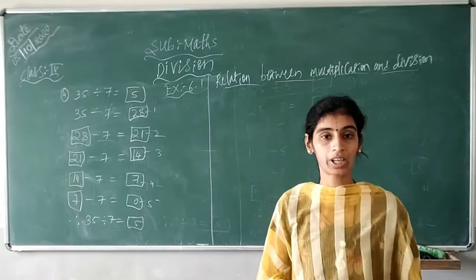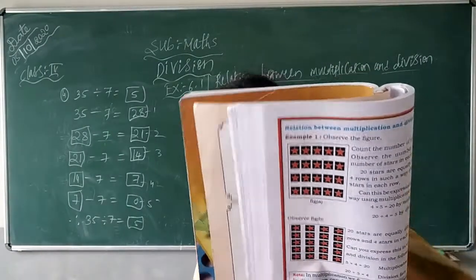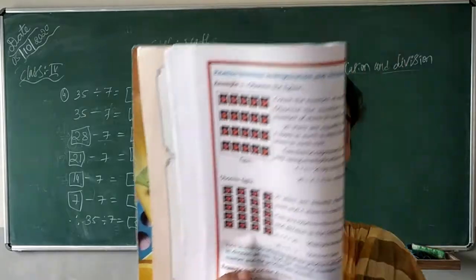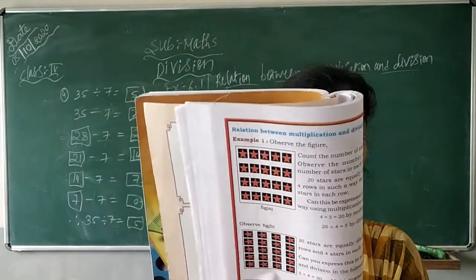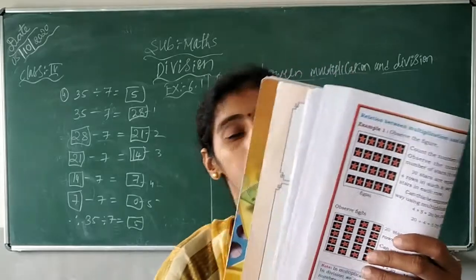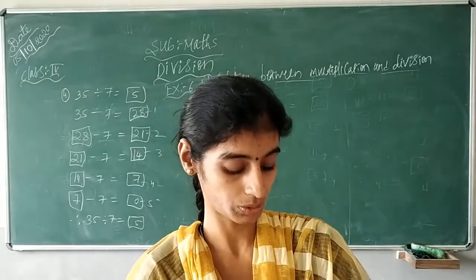These, children, page number 100. So in page number 100 they have given the explanation clearly of how multiplication and division are related. So I am going to read it, you just have to look along.